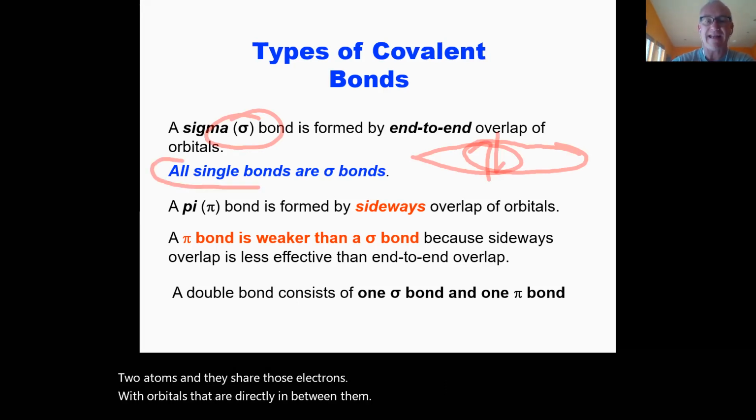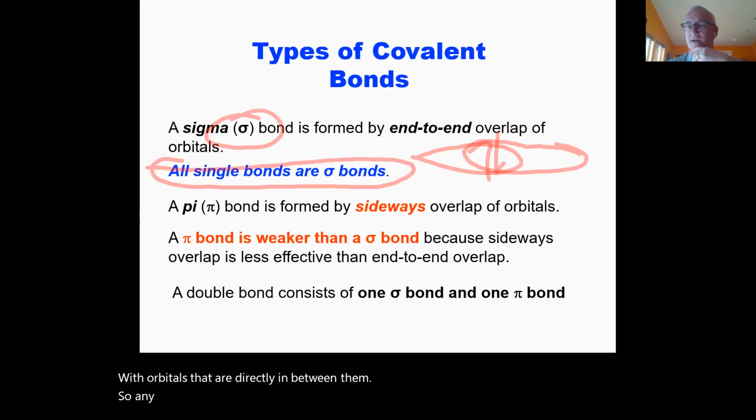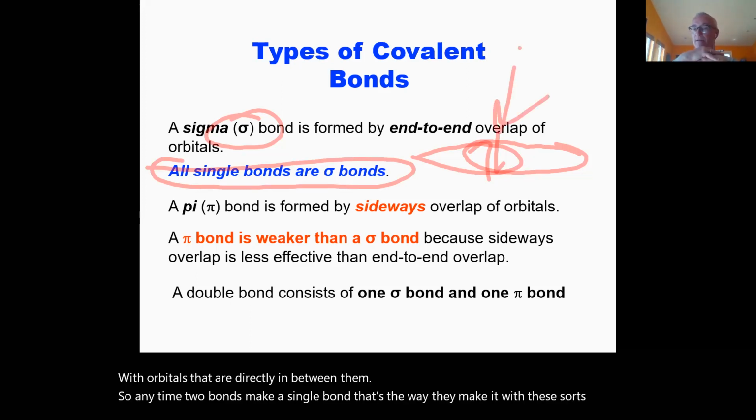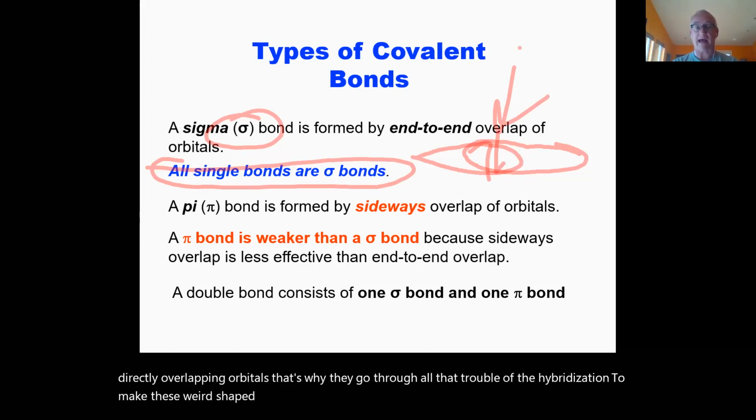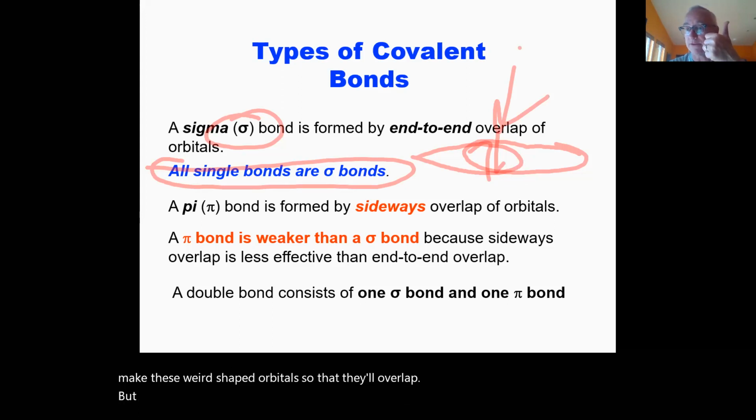So any time 2 atoms make a single bond, that's the way they make it, with these directly overlapping orbitals. That's why they go through all that trouble of the hybridization to make these weird shaped orbitals so that they'll overlap. But you also have double bonds and triple bonds.